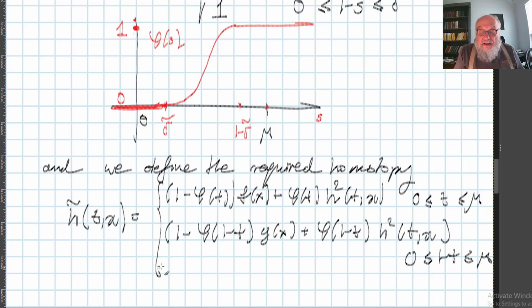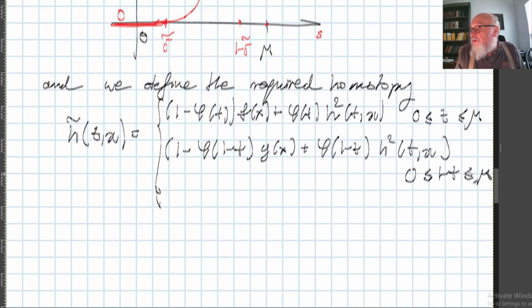So that's the second one. And I have a third case, and the third case is just simply equal h2(t,x) otherwise.